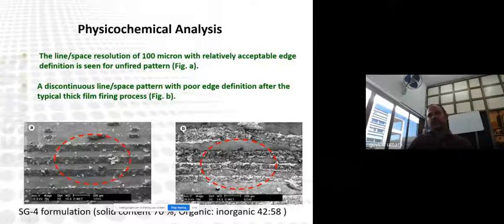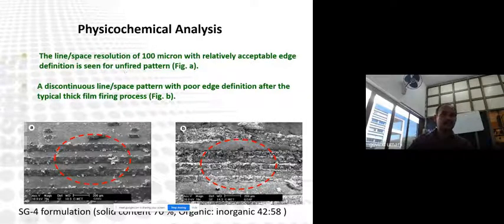To compare, we took two compositions. The SG4 composition has a solid content of 70% and an organic to inorganic ratio of 42 to 58. In this case, when we exposed and developed it, we found a good unfired pattern of 100 micron lines with relatively acceptable edge definition.